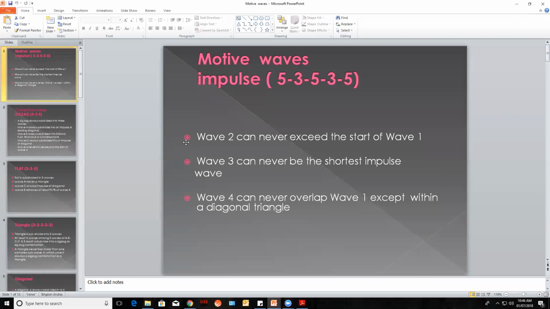The first rule is that wave 2 can never exceed the start of wave 1. I'll repeat once again. Wave 2 never exceeds the start of wave 1, wave 3 can never be the shortest impulse wave, and wave 4 can never overlap wave 1 except within a diagonal triangle.